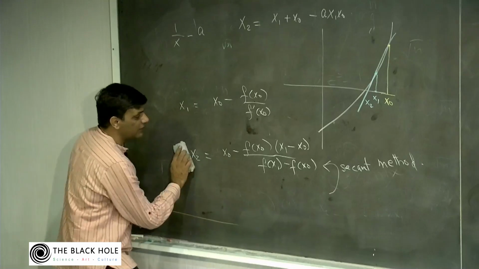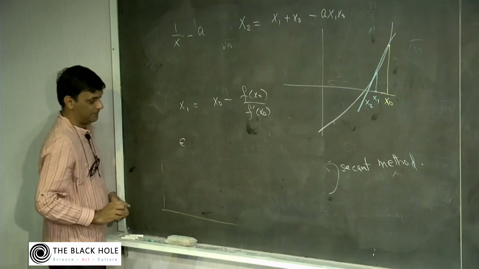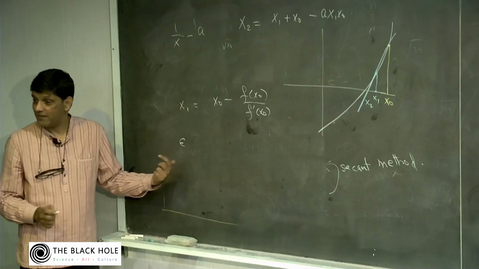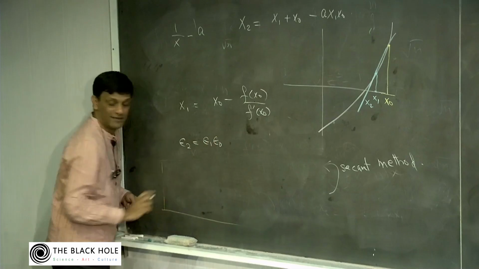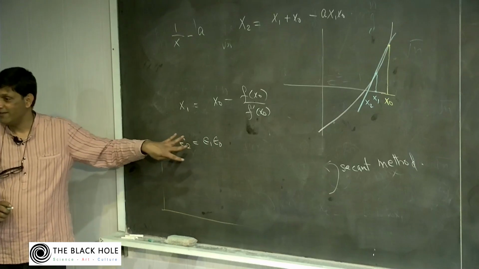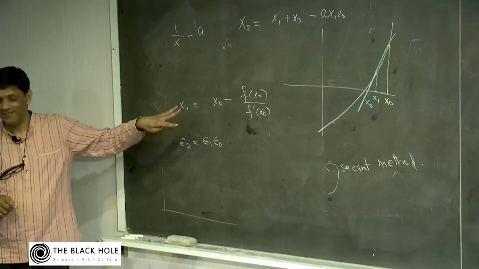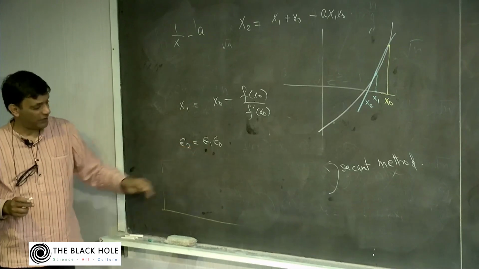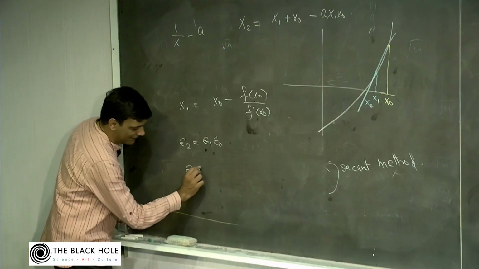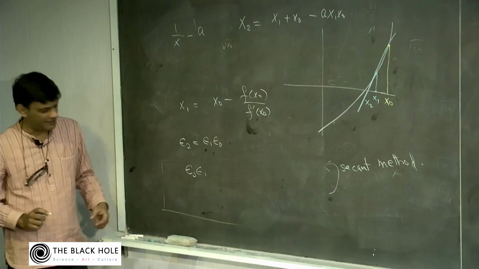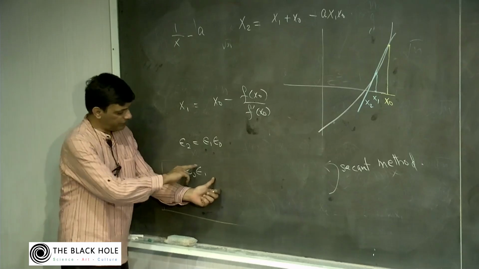You get this lovely equation: let's say the error is epsilon, then epsilon 2 is the product of the previous two errors. Rather than in Newton's method, where we got a square, here you have the product of the previous two errors. So initially if you had accuracy of epsilon, and then epsilon, both nearly the same, the next one would be just the product of these two.